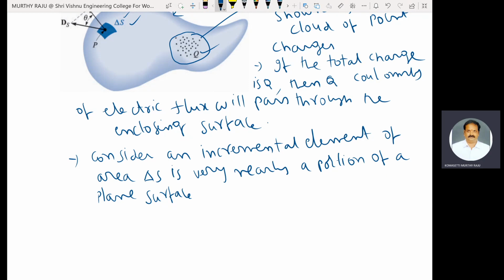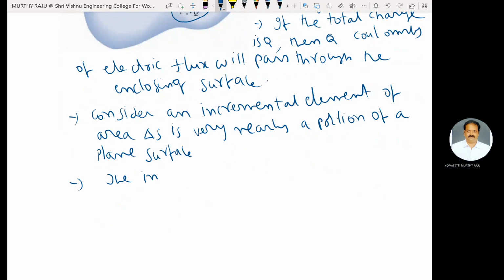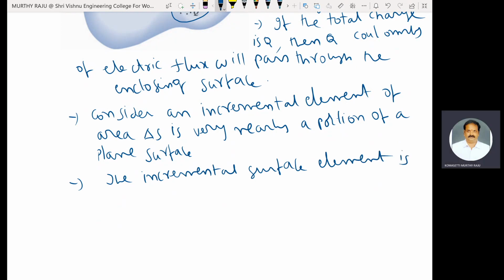Next, dS is a vector quantity. It has magnitude and direction. The incremental surface element is a vector quantity.